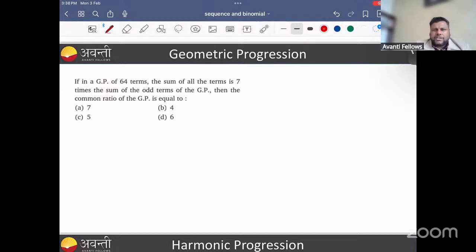Yes, if you got the correct answer, mark your answer in this poll. Be quick.